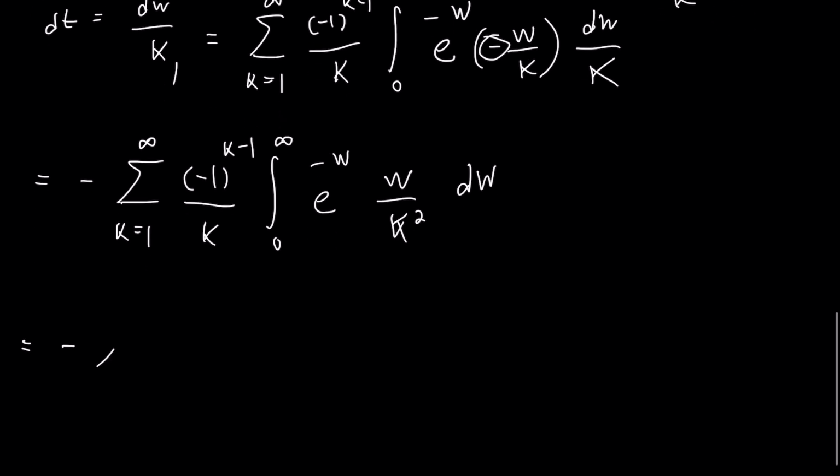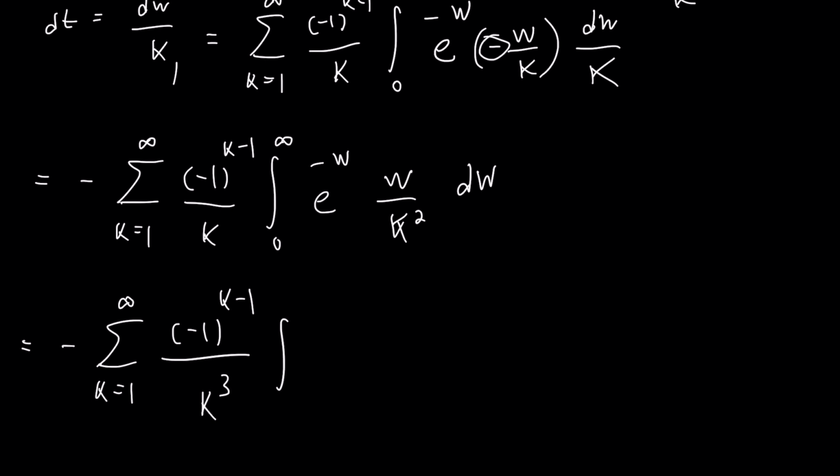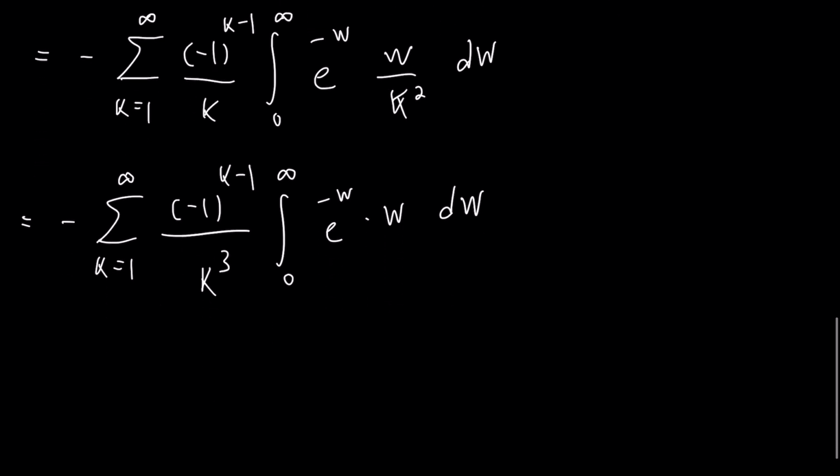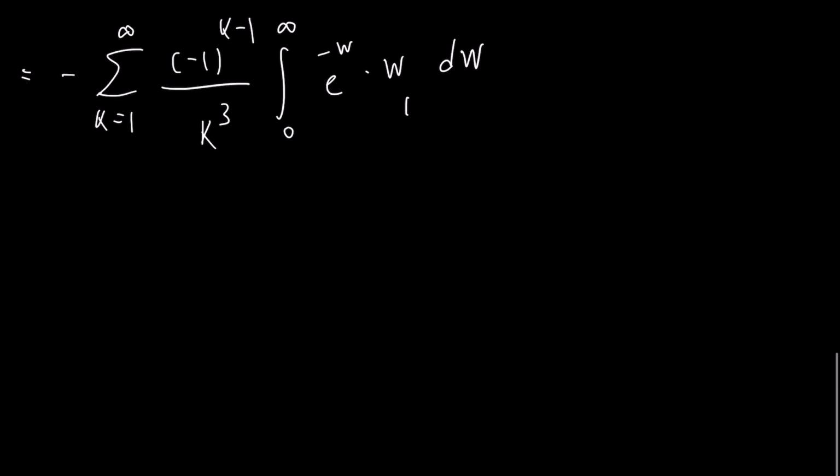This is equal to negative the sum from 1 to infinity, negative 1 to the k minus 1 over k squared times k is k cubed, and the integral from 0 to infinity e to the minus w times w dw. But as you can notice, this integral is a gamma function evaluated at 2, but gamma 2 is 2 minus 1 factorial, which is 1 factorial, which is 1.